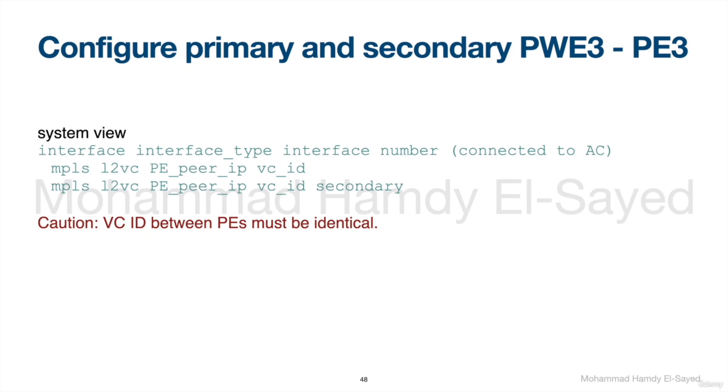This is the main VC, and the other VC ID goes to the secondary device, which is PE2 in our lab, and we added the keyword secondary to the VC. From PE3, the secondary VC will be used only if the first main PE went down. We have to note that the VC ID must be identical between the PE pairs.